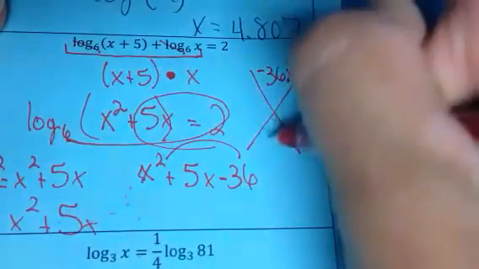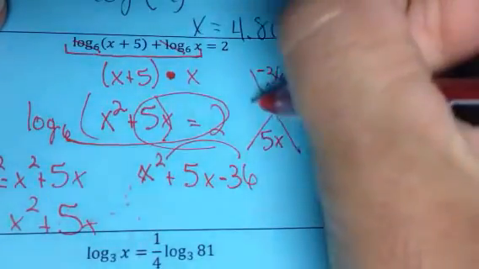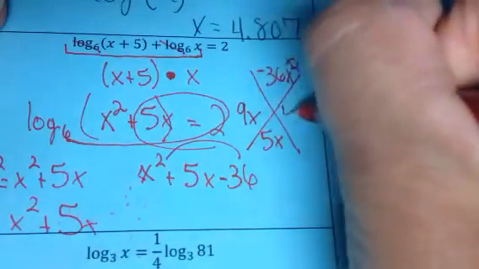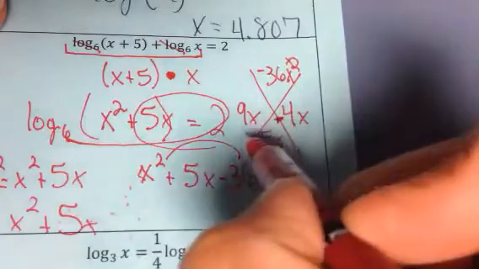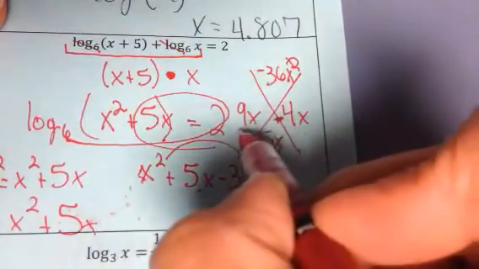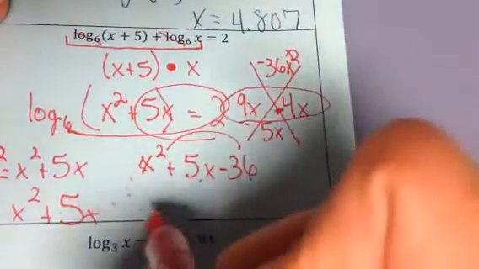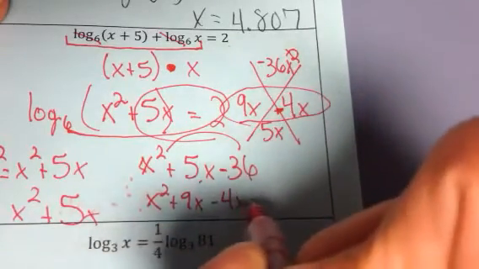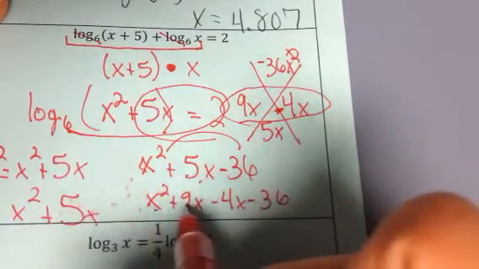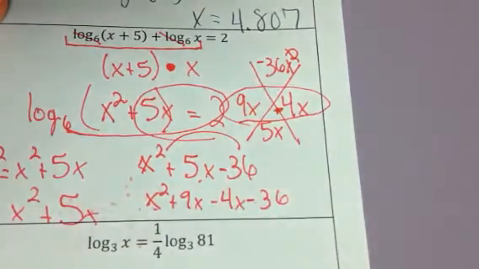Whoops. And 5x here. And then your factors are going to be 9 and 4, with the 4 being negative. So now I'm going to rewrite it, but instead of 5x, I want this 5x. So again, it's just x squared. There's 5x. There's minus 36.